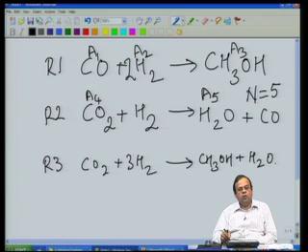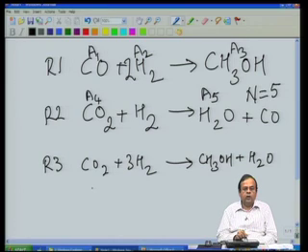I think by now you would have realized the way I wrote this third reaction over here was just adding these 2 reactions. So, in that sense, my third reaction is actually a sum of these 2 reactions, or it is not really an independent reaction, but is a dependent reaction, dependent on the other 2 reactions in the system.